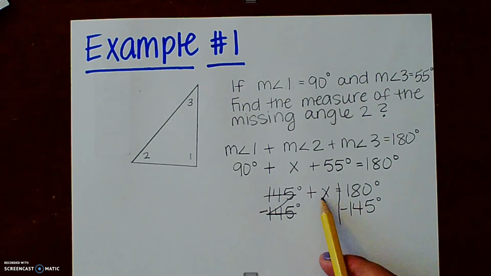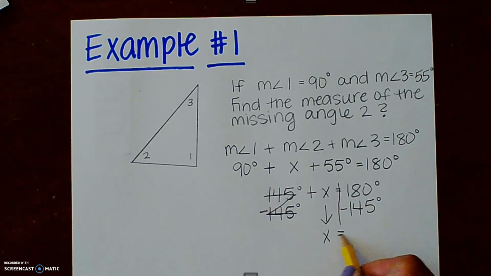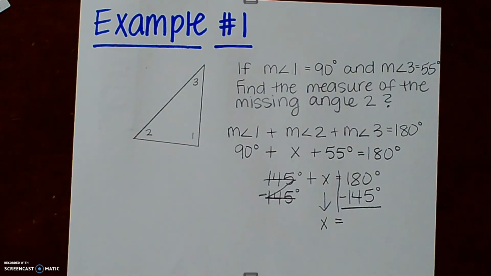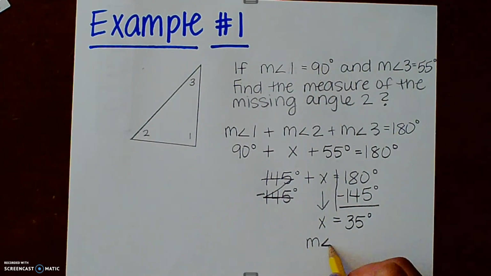So then I'm just left with this x here, so I'm going to bring it down. X equals, and then I just need to do the subtraction here. So 180 minus 145 gives us 35 degrees. Okay, so the measure of angle 2 equals 35 degrees.